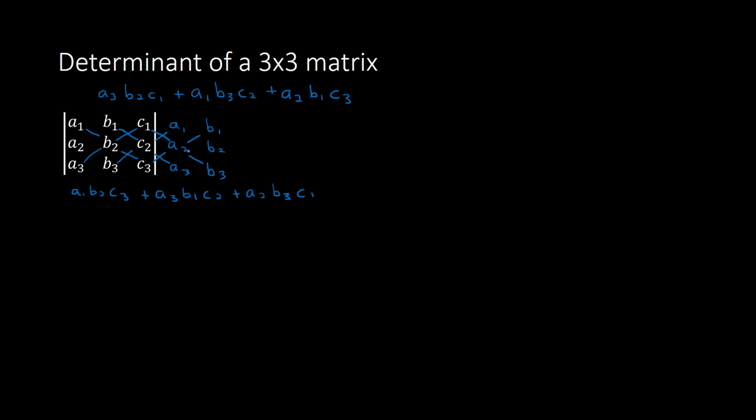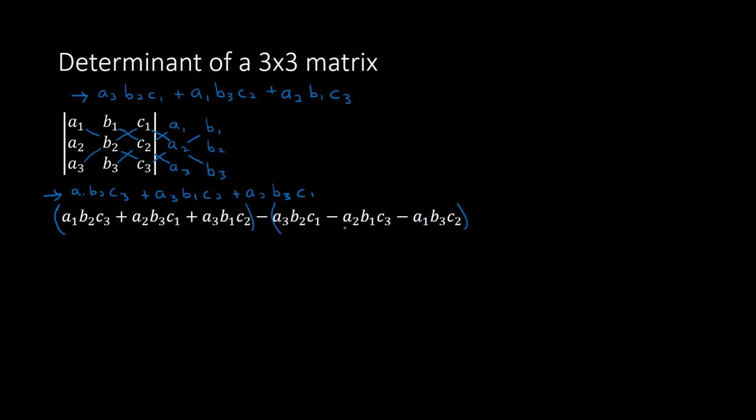So what I do is I'm going to take this bottom row and subtract it by this top row right here. So what I have is going to be this. We have the entire top, the entire bottom, subtract the entire top. Right?